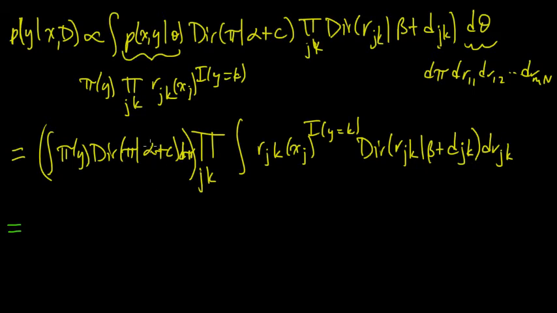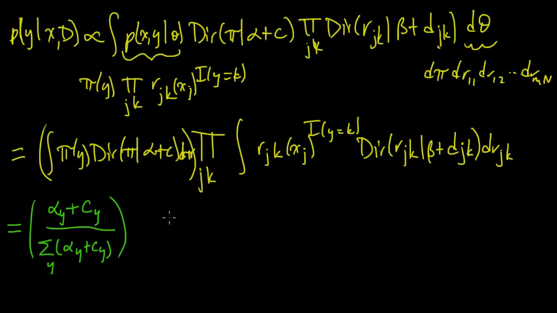The expectation of this Dirichlet distribution for the yth component is just alpha y plus c_y divided by the sum of all these over y. So that's all that part is.